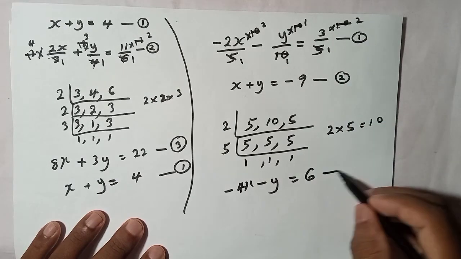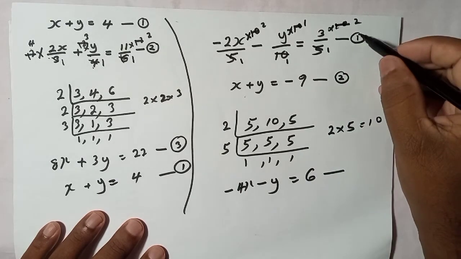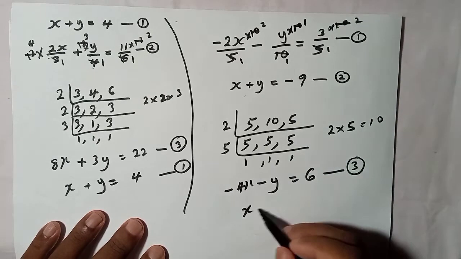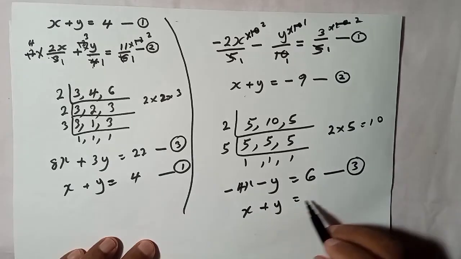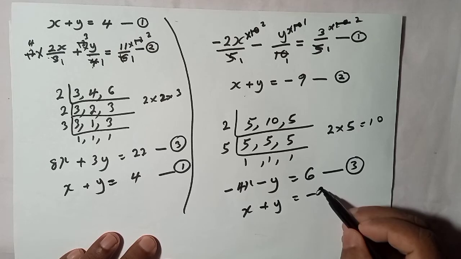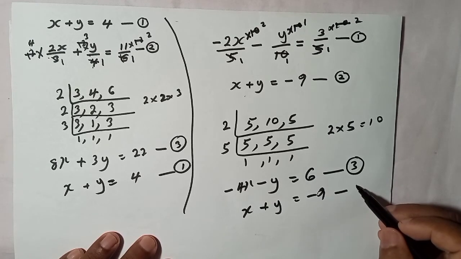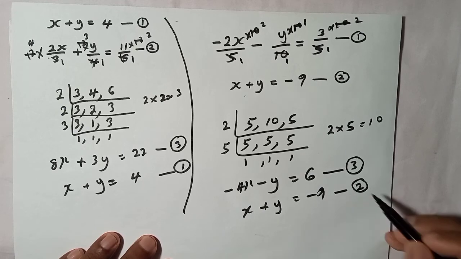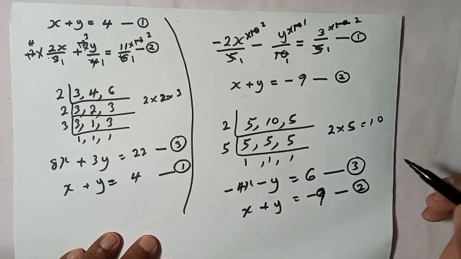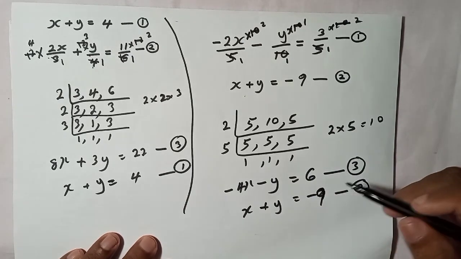That's the first equation we make, so it will be equation 3. The second equation is x plus y, so the answer will be x plus y equals minus 9. This is equation 2. Afterward you know how to solve these two equations, and then you can find the answer.